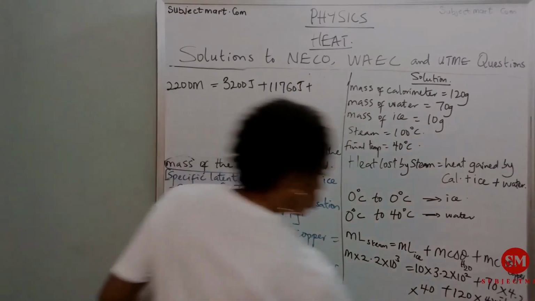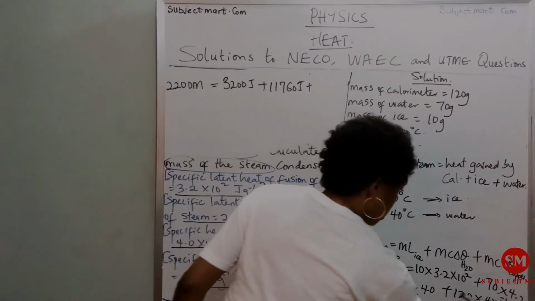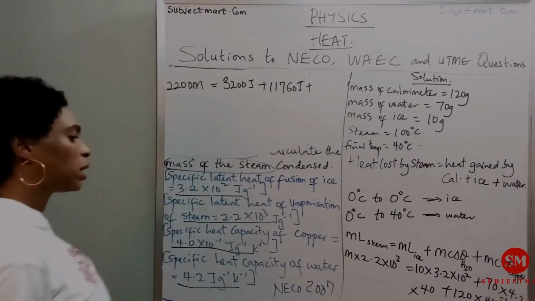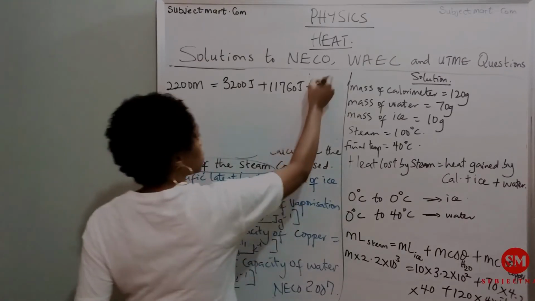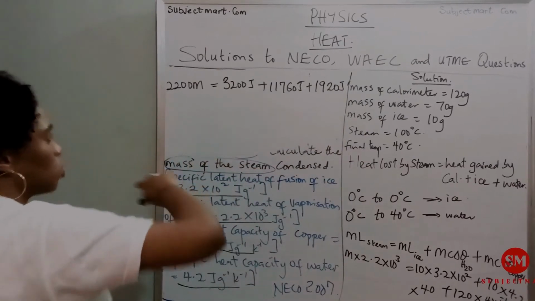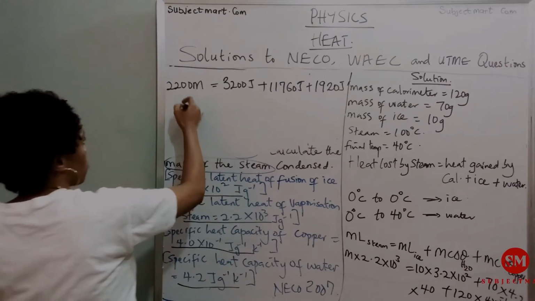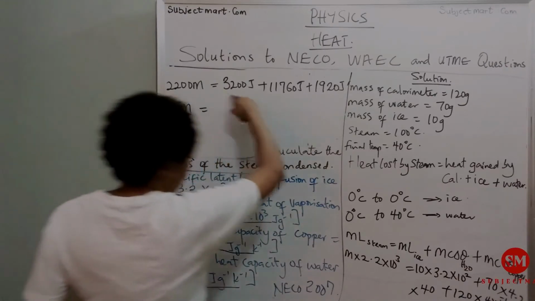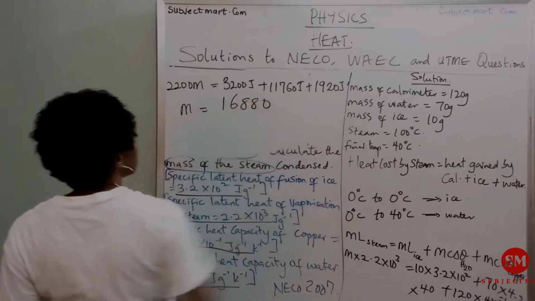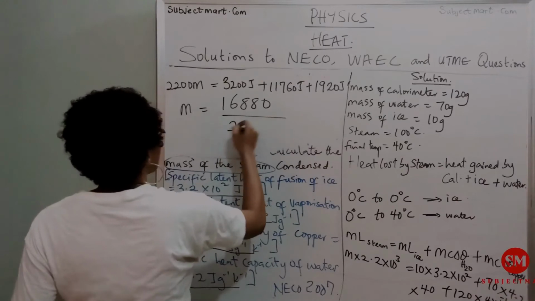And then the last one, which is for copper, 120 times 4 times 10 raised to the power minus 1 times 40, which gives 1,920 joules. So by the time I add all of this together, my M is equal to 16,880 divided by 2,200.